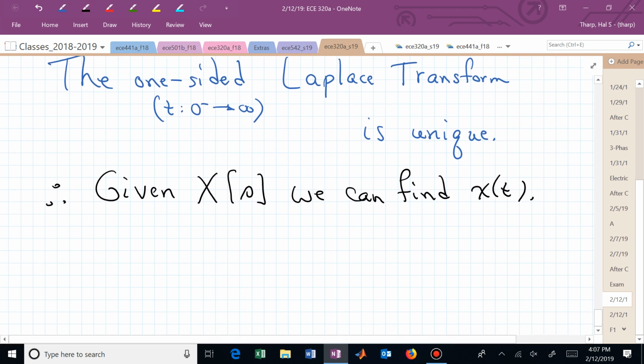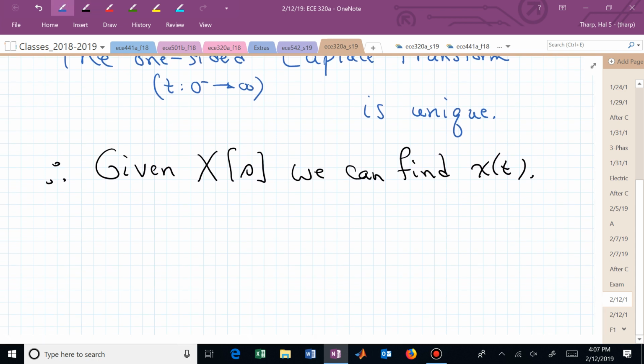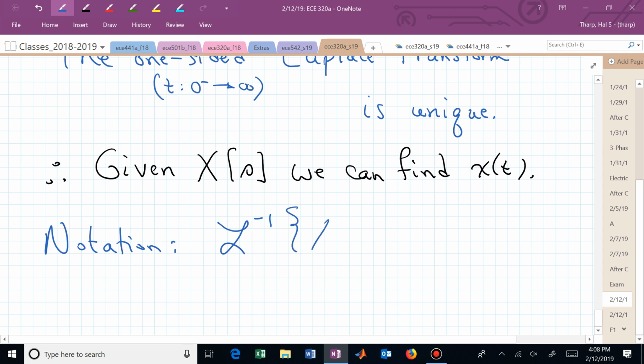And the notation that we will use for that inverse Laplace transform is to simply say script L inverse operating on capital X of s gives rise to little x of t.